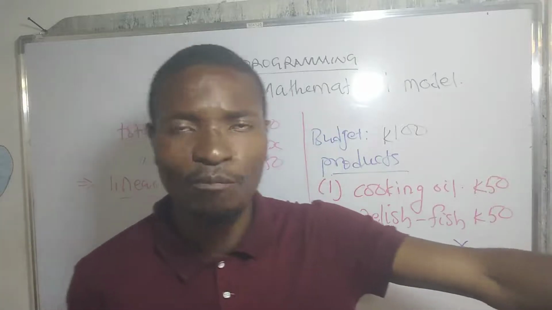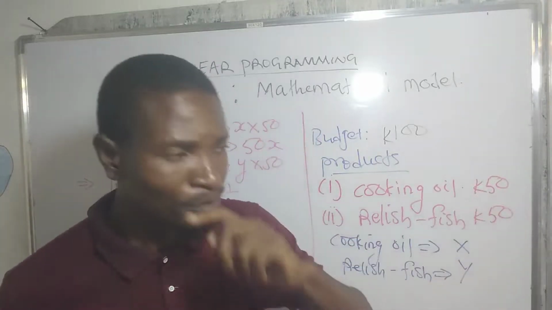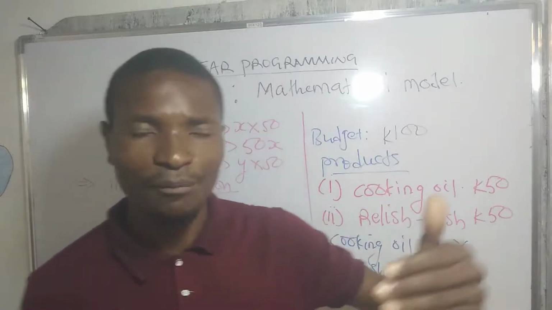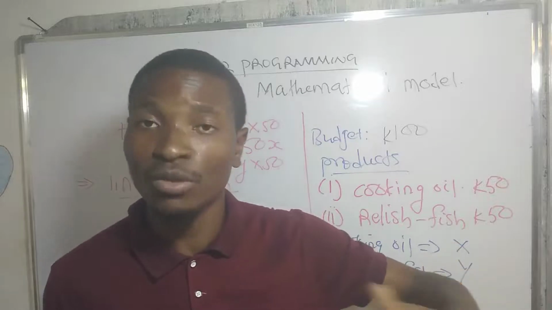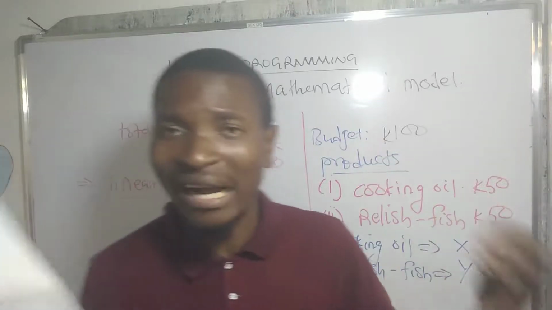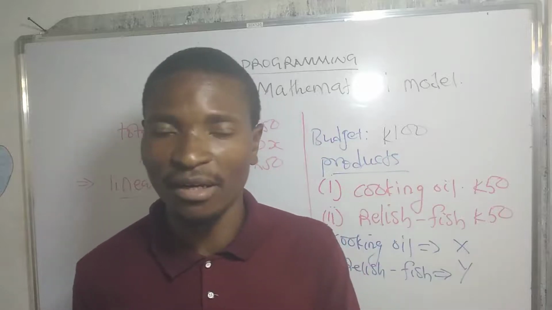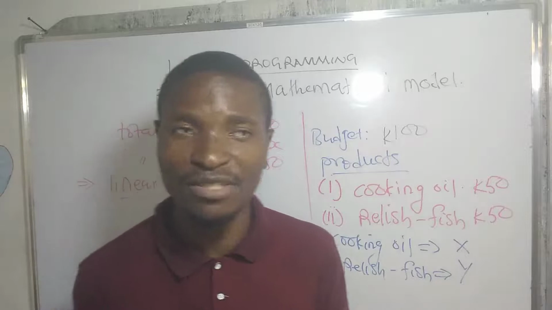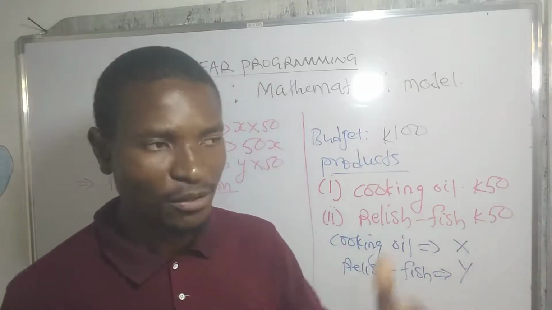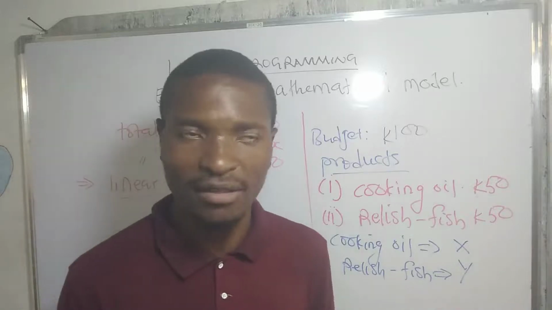Also, you can have a linear function or equation in two variables, meaning in one equation you have x and y put together in one single equation. That means you have the values of x as well as the values of y put together.